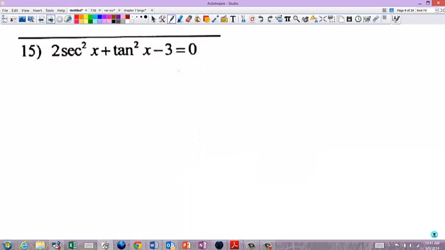Oh, this is another one, oh gosh, this one looks like it's going to be nasty. I'm going to replace either secant squared or tangent squared. I'm going to replace secant squared with tangent squared plus 1, because I think it's going to be easier, with my identity.